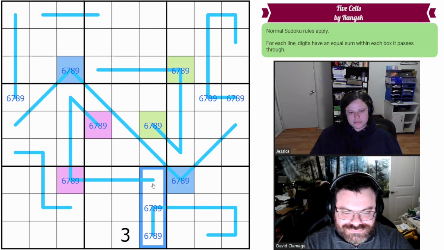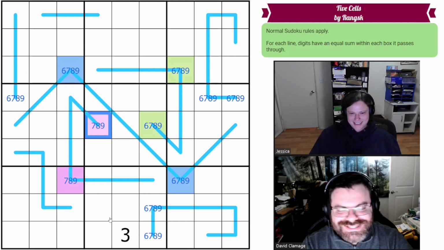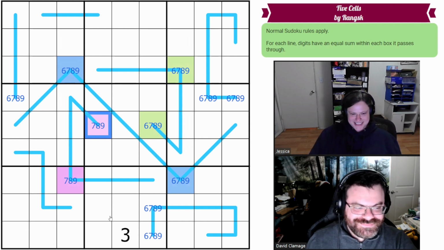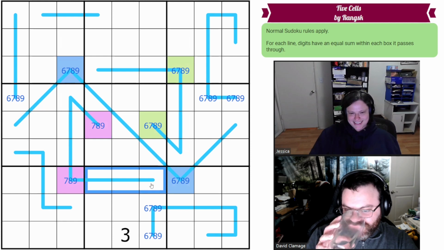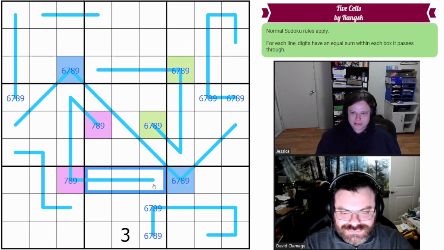Oh, there's a 3 here, so this can't be 6, because 6 is 1, 2, 3. So that's something. It's a deduction. But that does mean there has to be a 1 here, because 9 without a 1 is 2, 3, 4. Yep. That's another deduction.